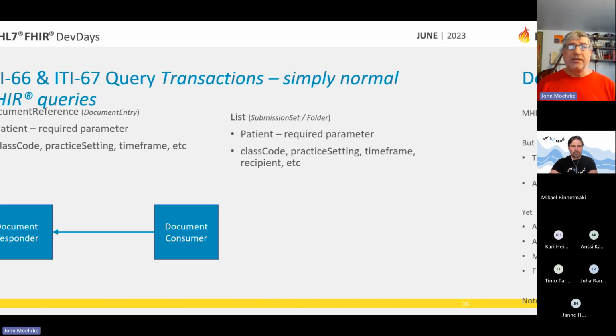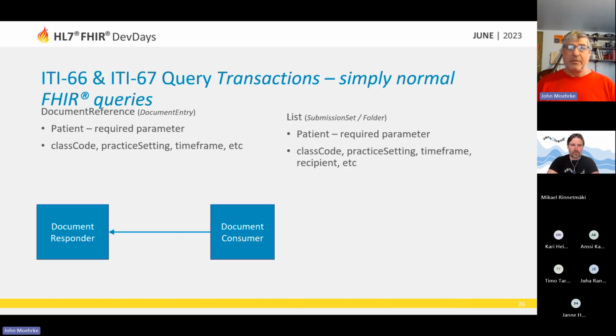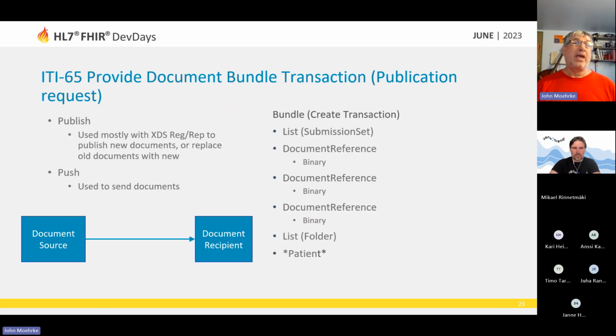In the slide deck, I'm actually missing some new capabilities on the publication side. We now have some new transactions for clients that don't want to spend time figuring out what a submission set is or what a list is. They just have a CDA document or a FHIR document, and they just want to publish it.